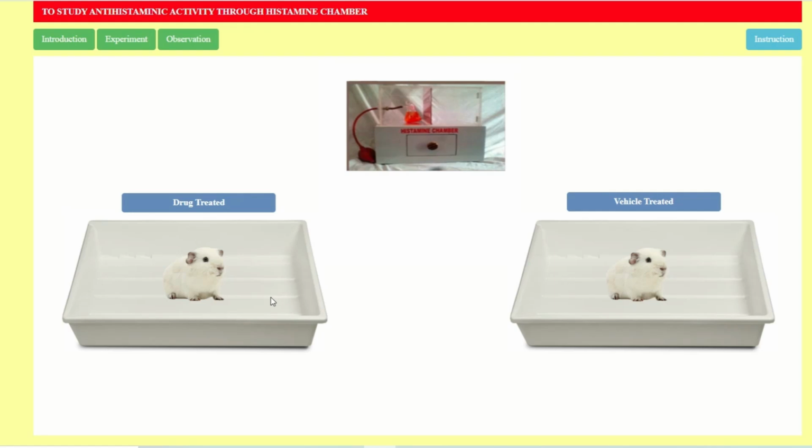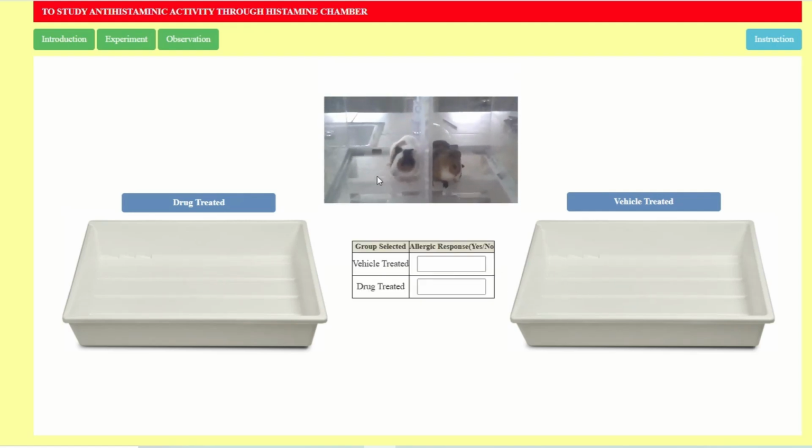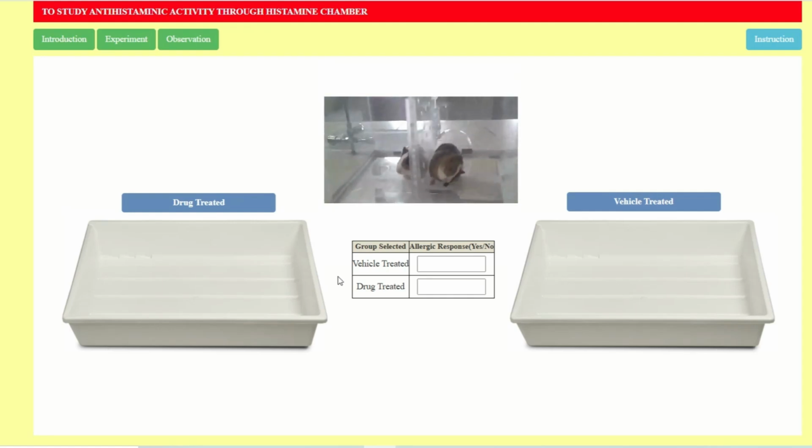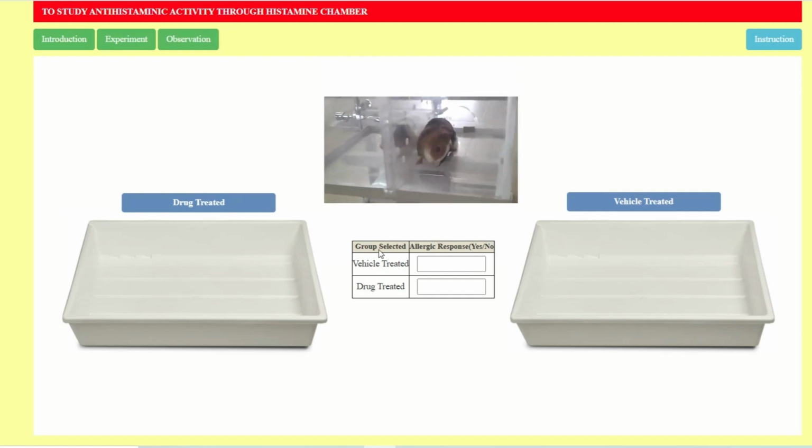While we click, they both enter the chamber, one animal on this side and one animal on this side. One animal, drug treated, is given the antihistaminic drug and this one is given saline only. So now we will click animals. So both are in the chamber on both sides. One is vehicle treated and the other is drug treated.